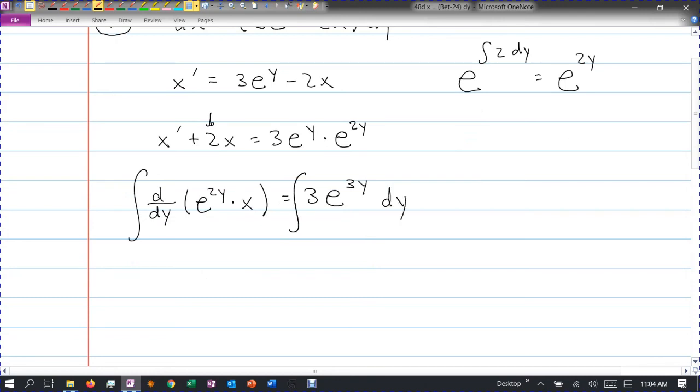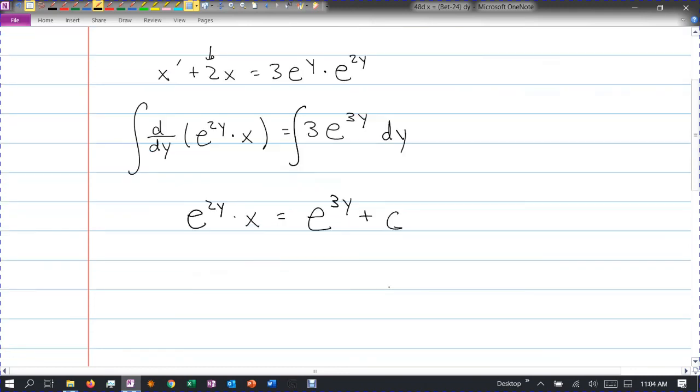Nice. Left side, e to the 2y times x equals, here the answer is just e to the 3y plus a constant. And now divide by e to the 2y, so x equals e to the y, subtracting 3y minus 2y, plus c e to the negative 2y.